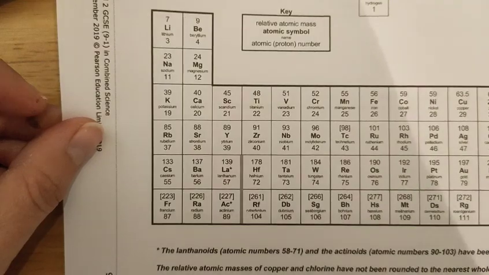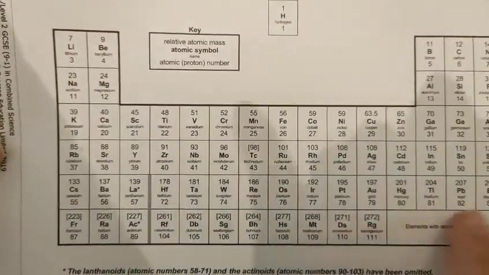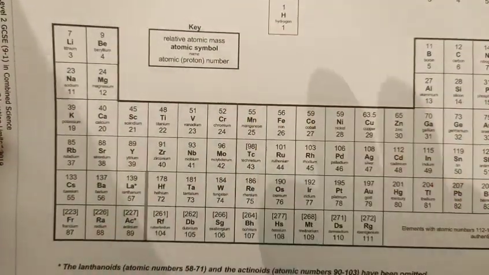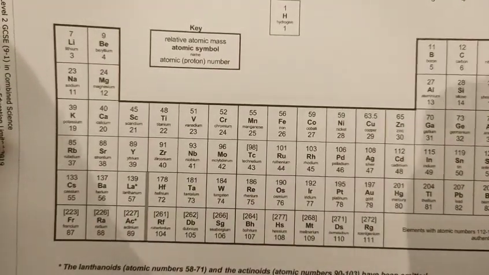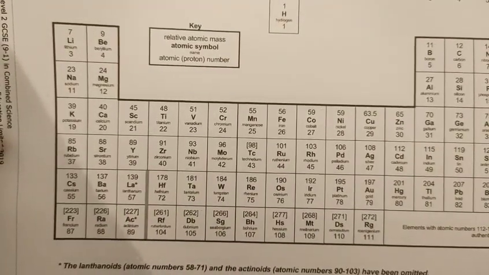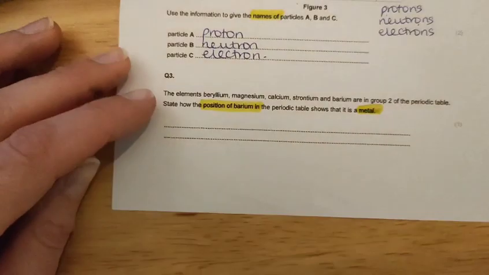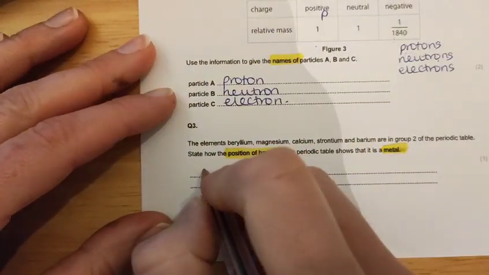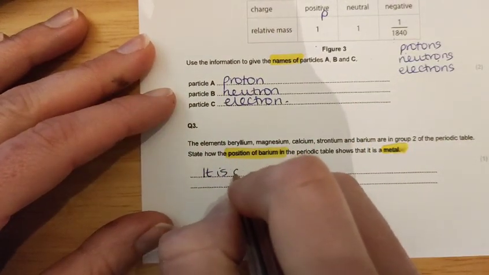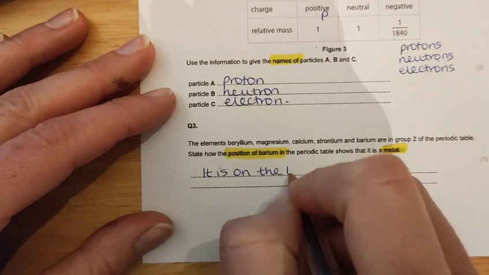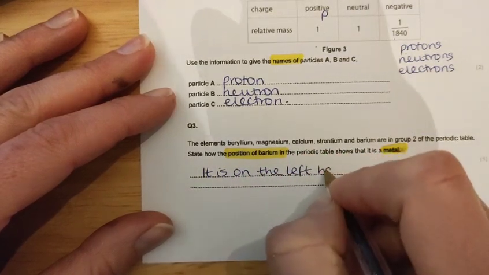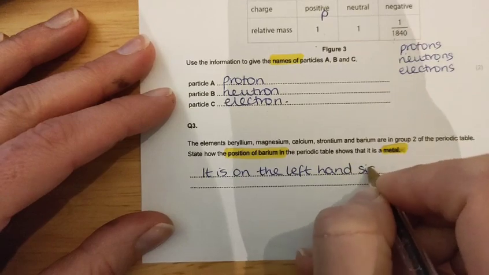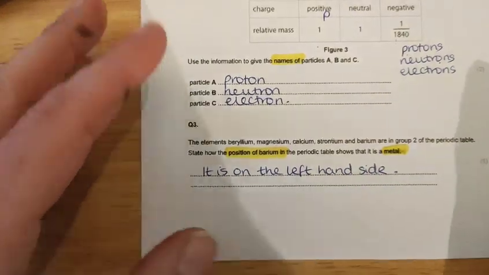If it's a metal, we know metals are on the left-hand side of the periodic table. So actually, we don't even necessarily need to find it because we can infer that if it is a metal, it must be on the left-hand side. So it is on the left hand side. Brilliant. Next question.